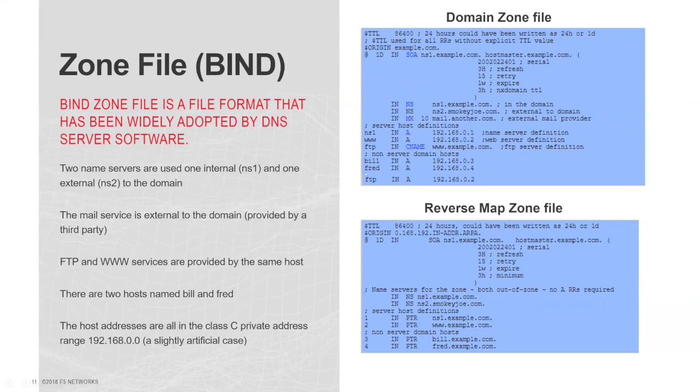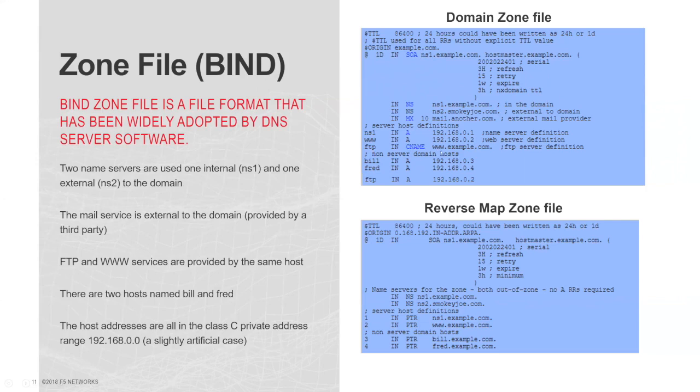Giving an example, if you try to query fred.example.com, you will get an answer of 192.168.0.4. And if you query www, you will get an IP address of 192.168.0.2. However, there are configurations such as CNAME, which is an alias.